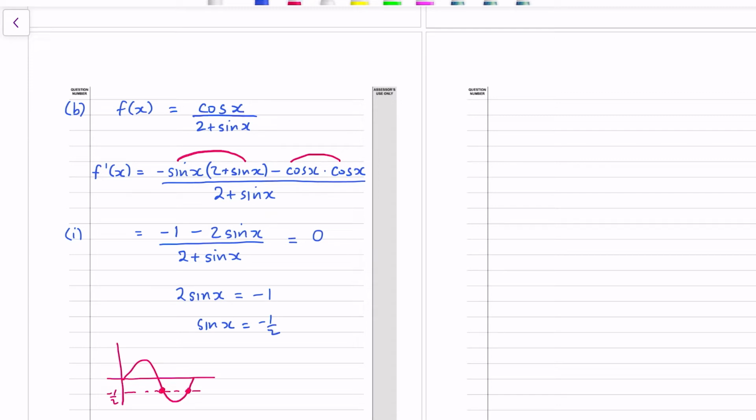On the calculator, if you go x equals sine inverse of negative 1/2, I'm just going to check to see what that gives. It usually gives you an acute angle. It gives us minus 0.5235, which turns out to be pi over 6.